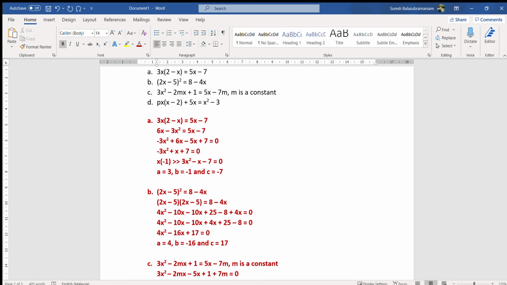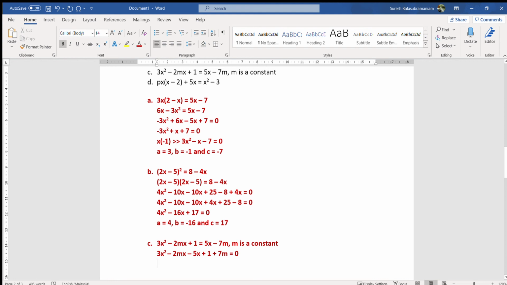So all the terms I have brought it to my left. Now we change it to a quadratic equation form. So we get 3x square plus, okay, I'll factor out the x.